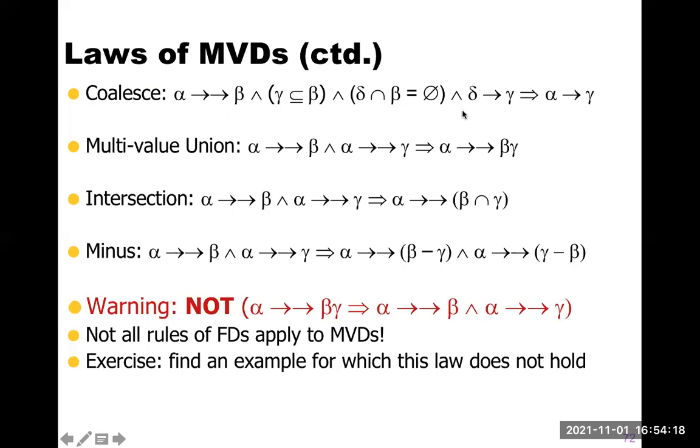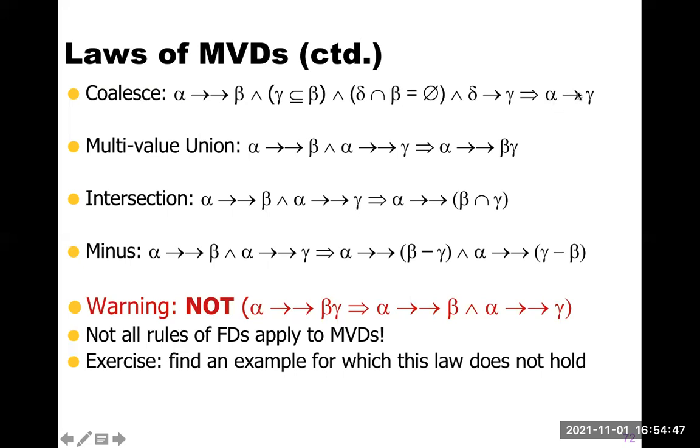Then we can say that, and we have a functional dependency. Delta is essentially a new set of keys, and keys only for some columns from beta. Gamma is some subset of beta columns, and it depends on something else. Beta depends on alpha in a multi-value way, and we have some columns from beta that depend functionally on something else.